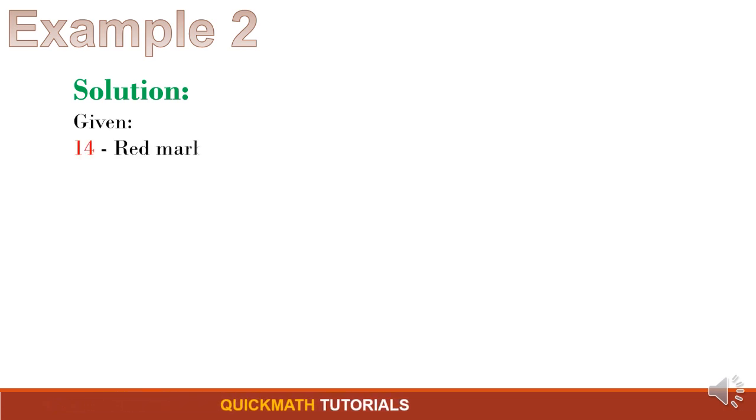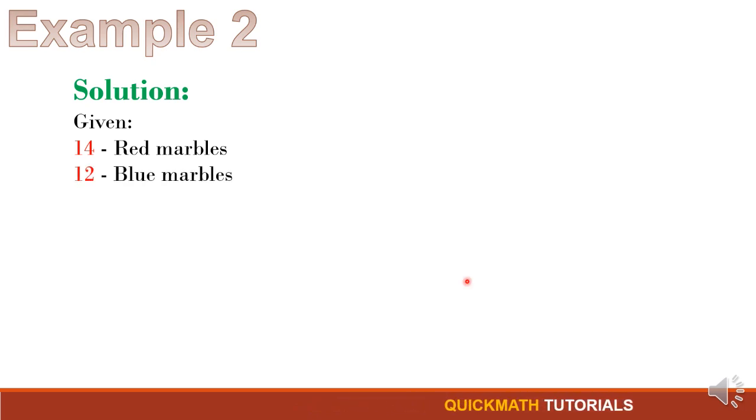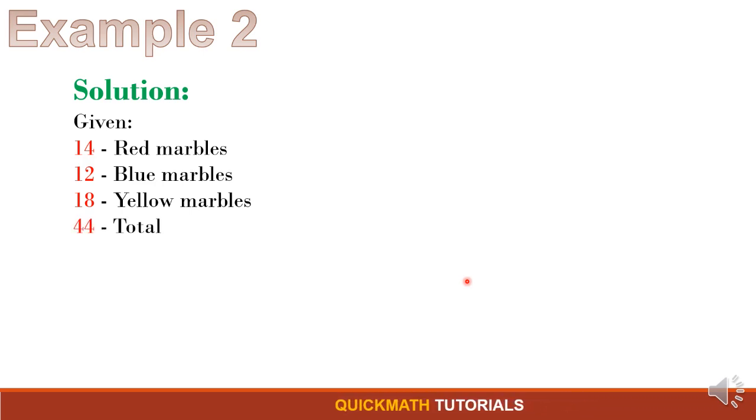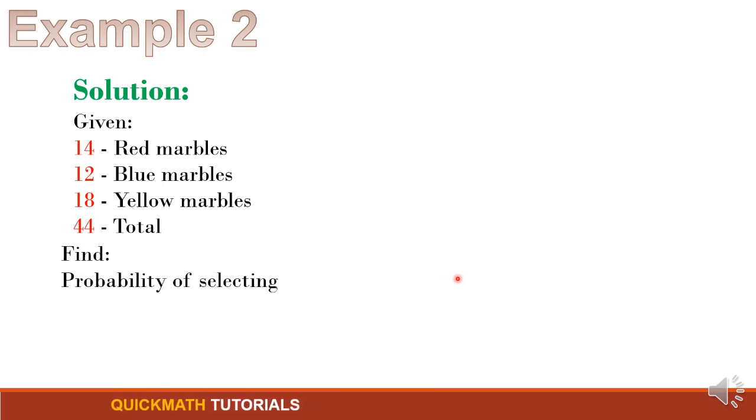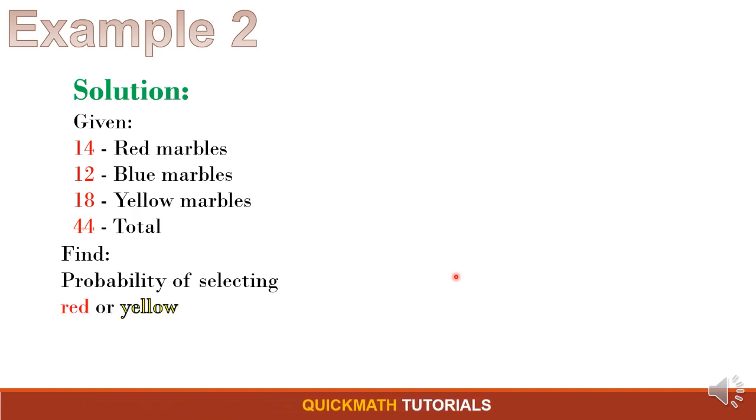So we have 14 red marbles, 12 for the blue marbles, 18 for the yellow marbles, and 44 for a total number of marbles, and we are asked to find the probability of selecting red marble or a yellow marble.